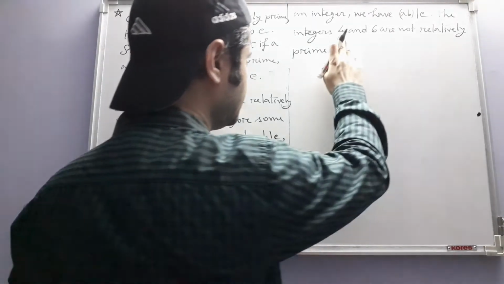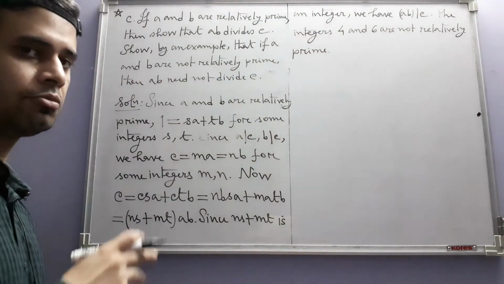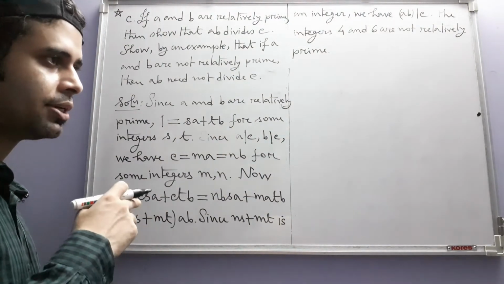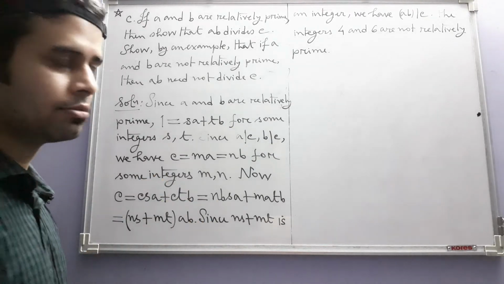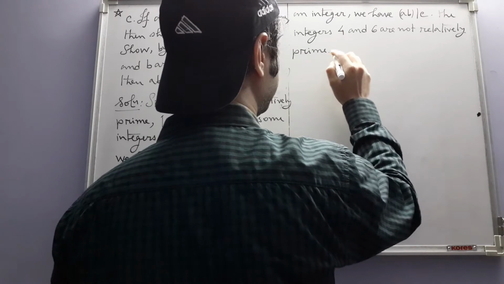So their greatest common divisor is not 1. We have a common divisor greater than 1, so the greatest common divisor will be greater than or equal to that common divisor. So it cannot be 1. So these are not relatively prime.